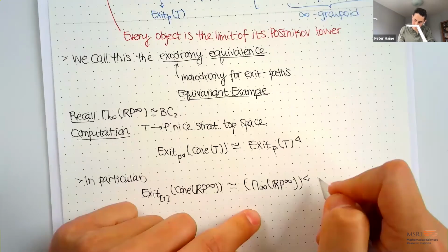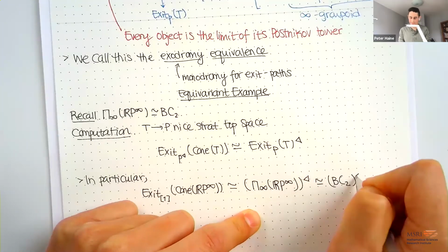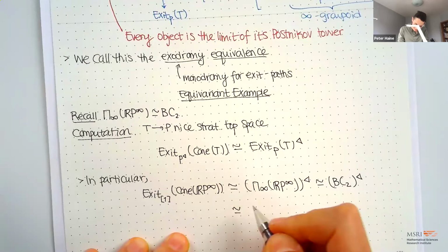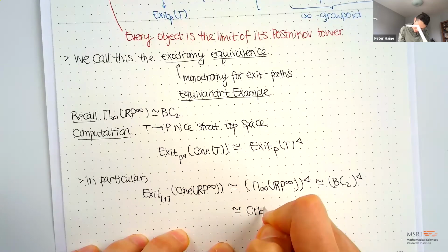So this is BC2 with an initial object adjoined. And if you've thought about this before, it's probably clear that this is the orbit category of C2.